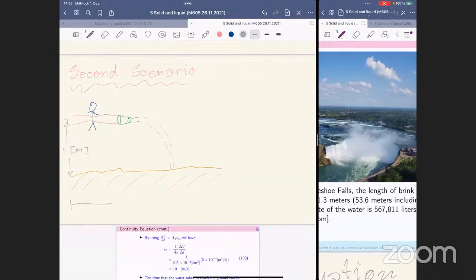What is the distance at this location? What is the distance of the water? Oh, no. I'm stupid.